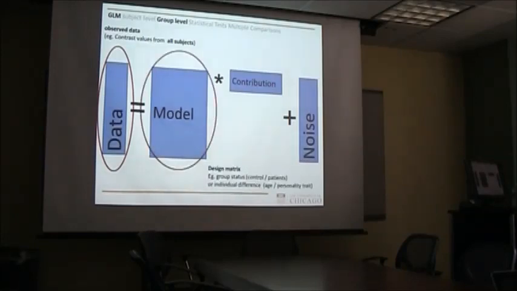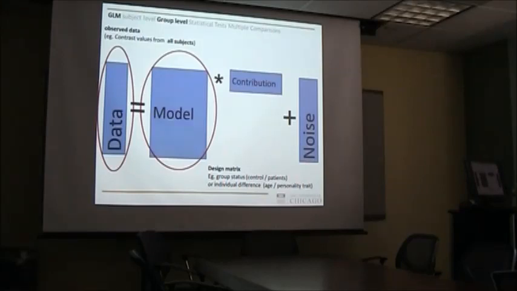And then let's ask about your design matrix, your model. Now it's not the onset of stimuli anymore, obviously, but it might be something as a group status. So it's just a variable that has ones for your control group and say -1 or 2 for your patient group, right?